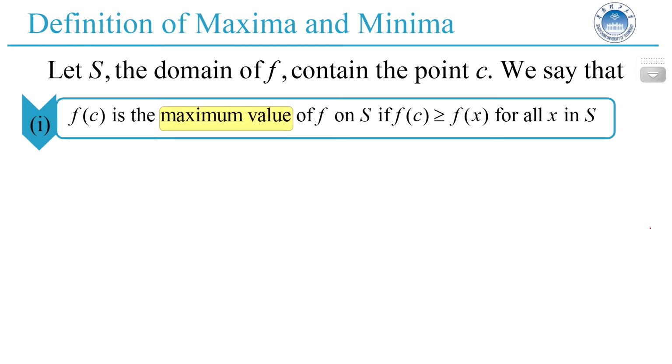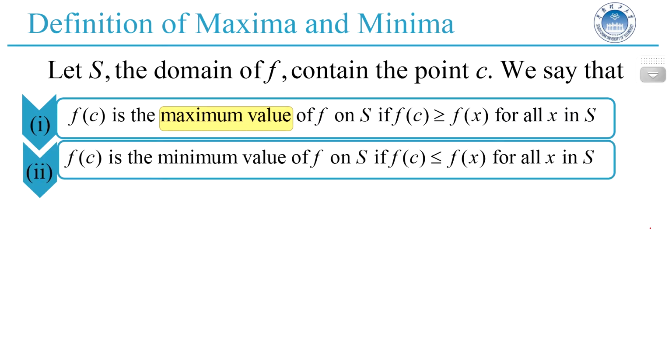Pay attention: it is larger than or equal to. And f(c) is the minimum value of function f on the given S if f(c) is less than or equal to f(x) for all x in the given domain.